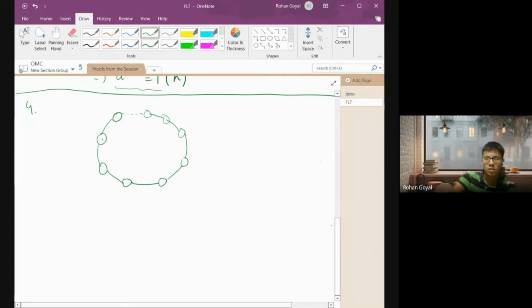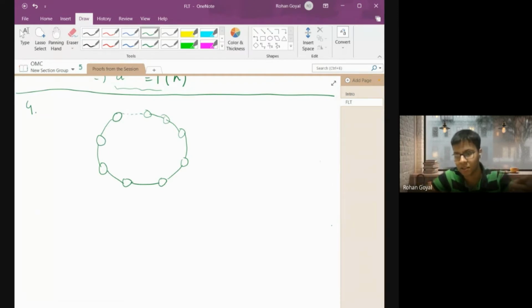Now you have a choices of bead colors at every stage. You have a different colors of beads, and you can try to make a necklace in any way. But the thing about necklaces is, even if you rotate them, it shouldn't matter. It's the same necklace if you rotate.